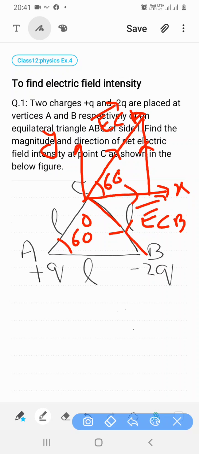Likewise, you can draw the horizontal component of vector ECB, that will be ECB cos 60 degree, and the vertical component of vector ECB, that will be downward, ECB sin 60 degree, that is in minus y direction.